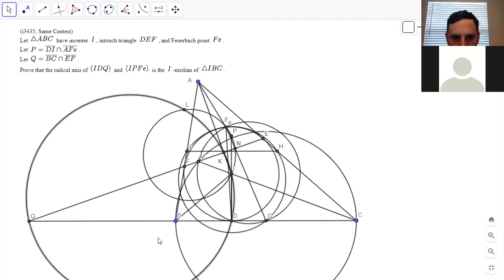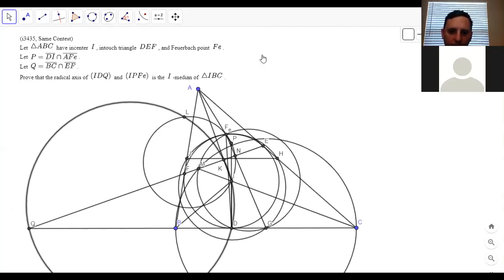Let's see. I think it is enough that D and Q are swapped. Yeah, it's enough that D and Q are swapped. So this circle gets fixed.